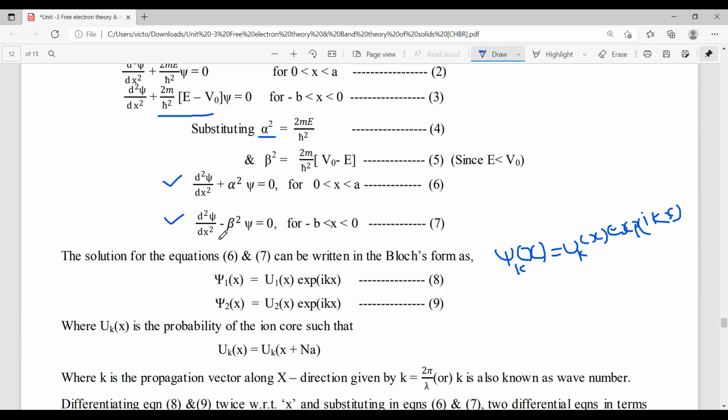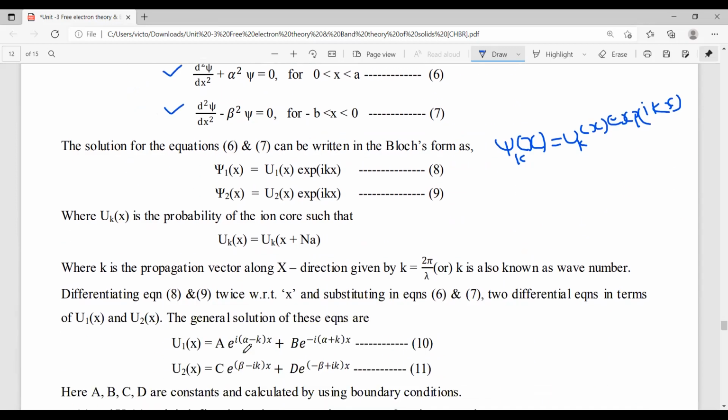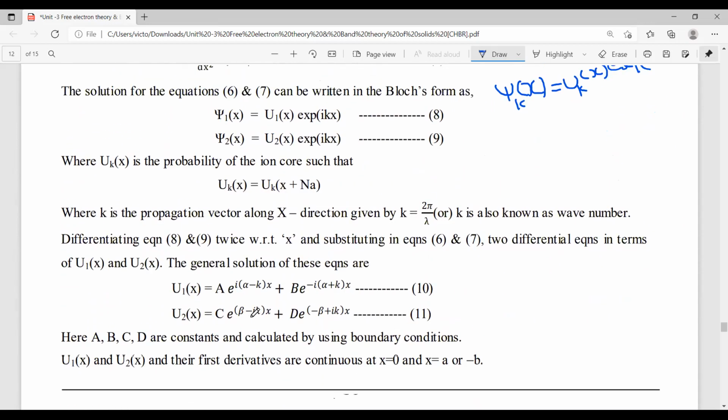Similarly, the solution of equation 7 is xi2 of x equal to u2 of x exponential of ikx.